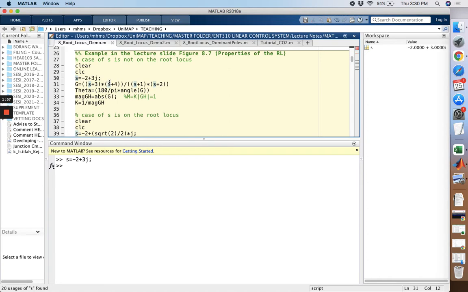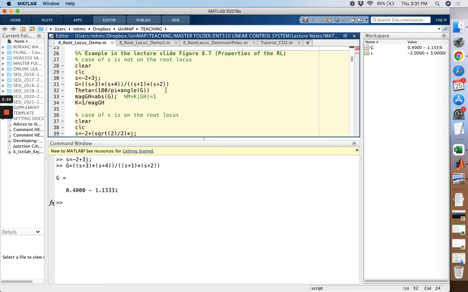And we can just make this transfer function, (s plus 3)(s plus 4) over (s plus 1) multiplied by (s plus 2). When we run this line, what we get is the resultant transfer function g equals 0.4 minus 1.13i, or j.